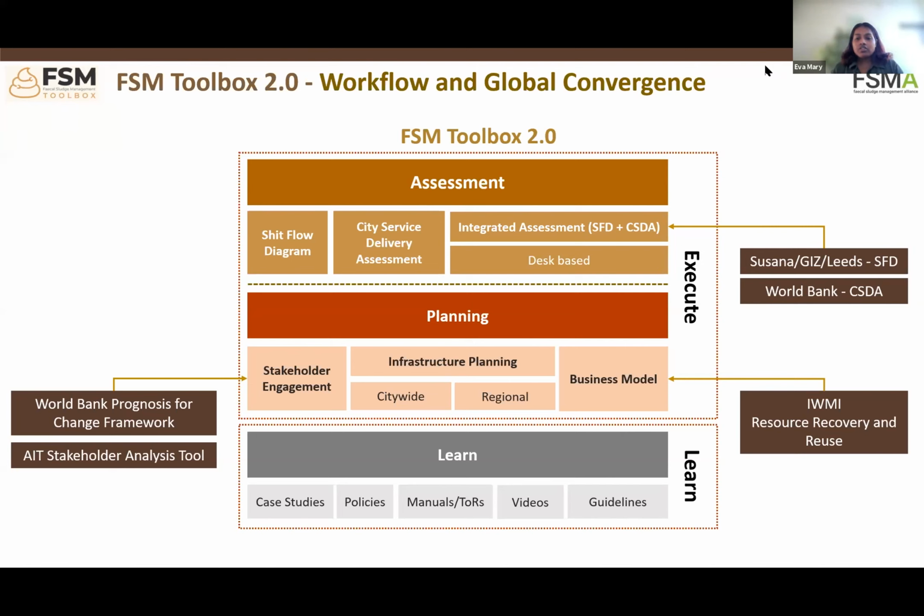The business model, which includes the IMI's resource recovery and reuse, is also placed as such. So it brings together various tools and is useful as a one-stop place for anyone working within the FSM sector to access and work on any for the planning or assessment of a region or a city.